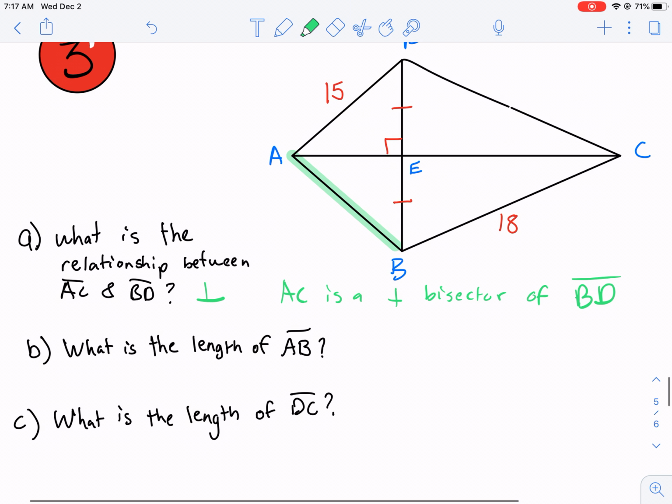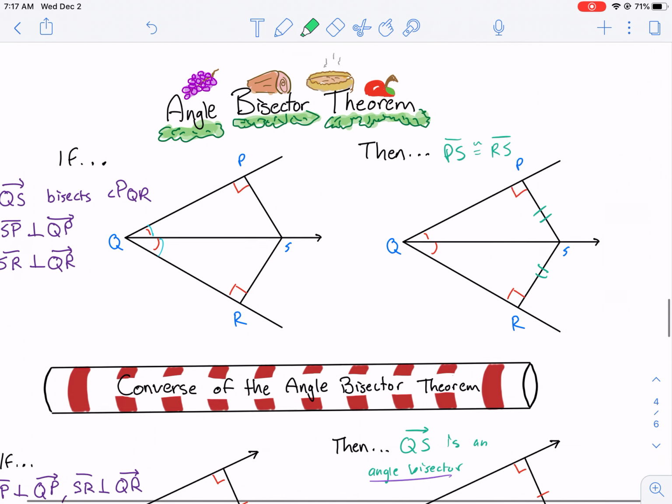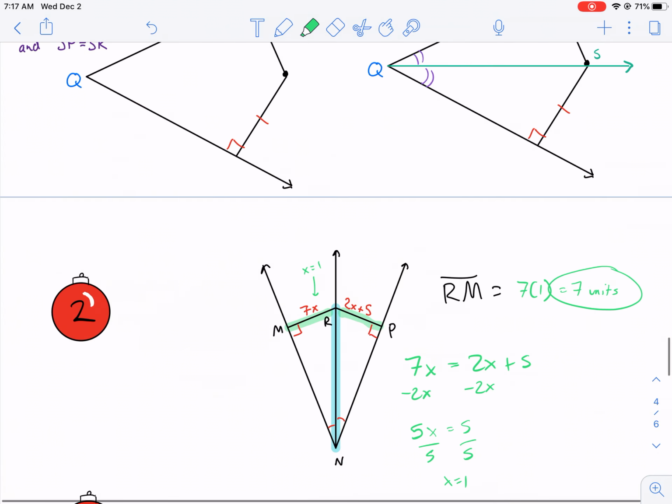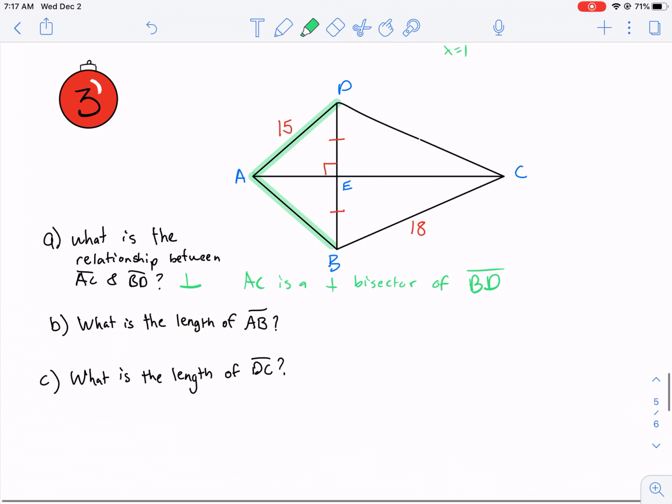All right, AB is this guy, and we know what's congruent to this guy because of our first theorem up here. What is it called? Perpendicular bisector theorem. So we know it's congruent because of that property. So we're going to just say that AB is 15 units.